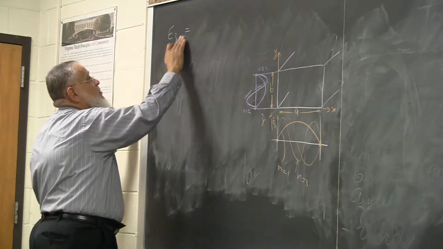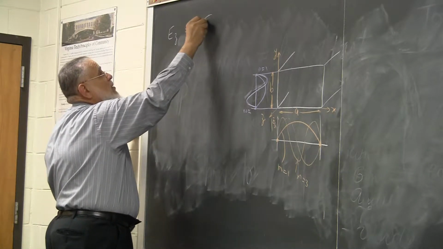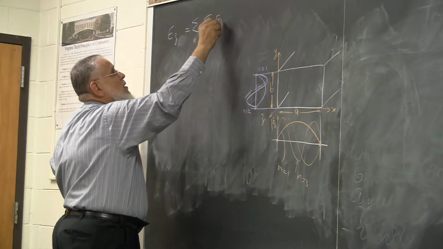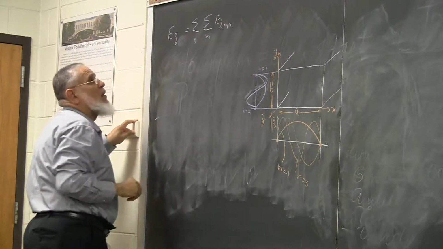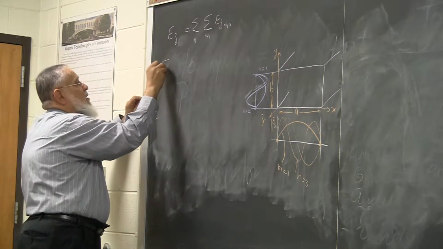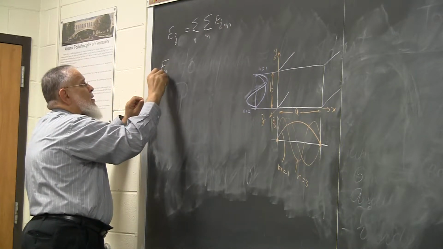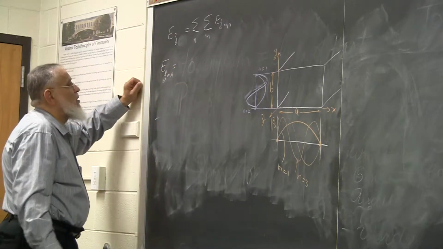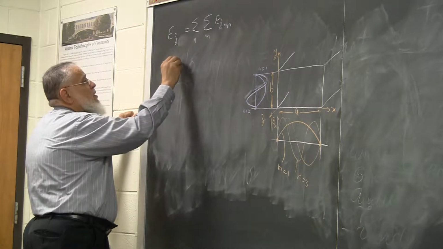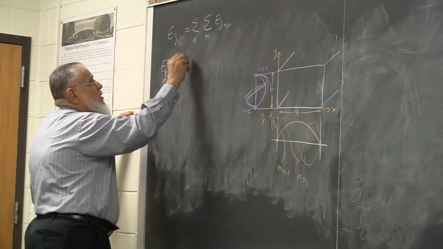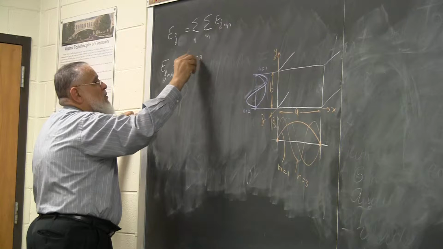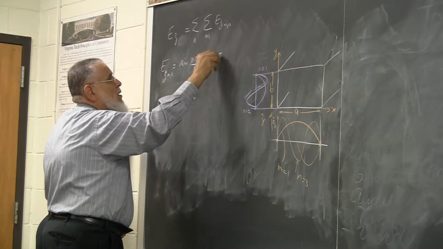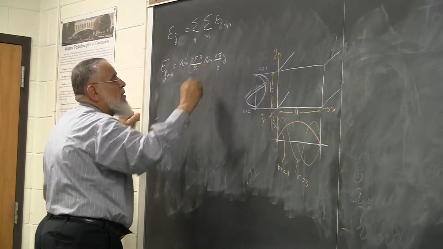Actually, if I say E sub z, that means I can do a summation on the m and the n of E sub z mn. And E sub z mn, writing that on different lines so it will not appear too long, is equal to a sinusoid here, sine m pi x over a, sine n pi y over b.